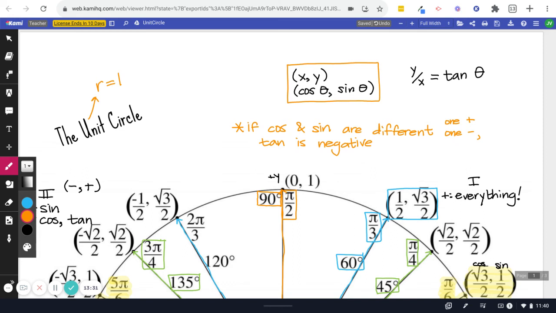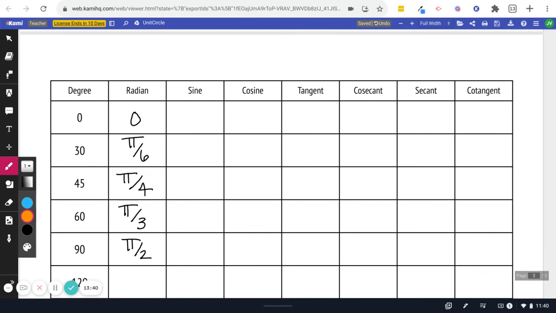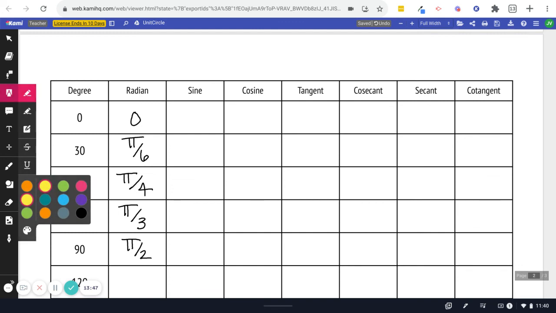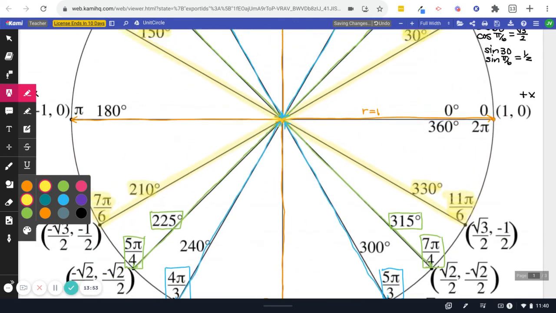So a lot of information living in our lovely, lovely unit circle. Here's how we would use this. You can write this down if you want to, but if you don't want to, that's fine. Let's say I started filling in the back, and I was like, sine of 30. I'd be like, unit circle, where you at?